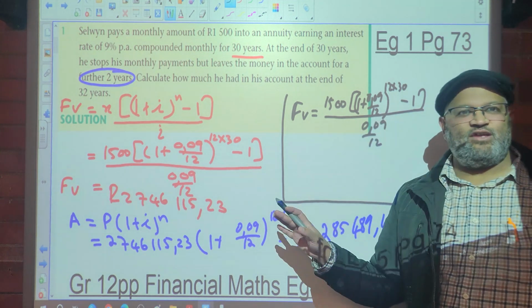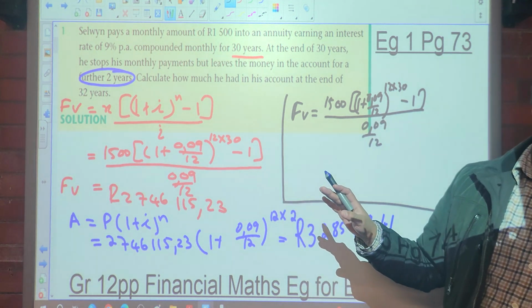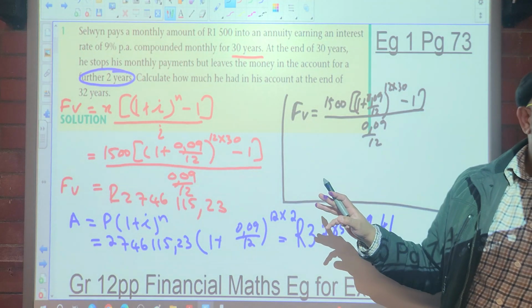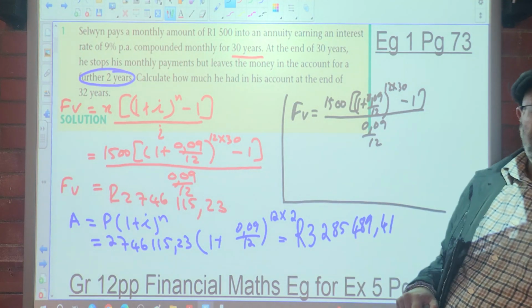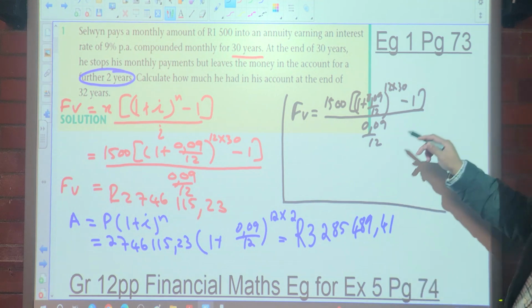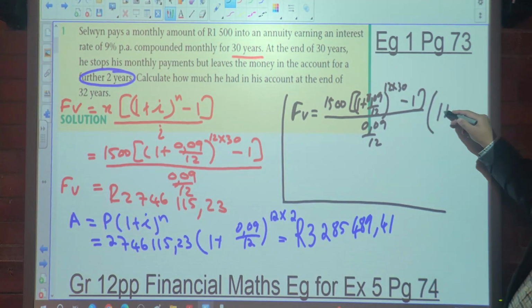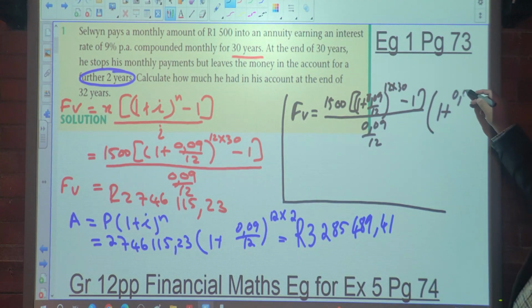So that's the future value for 30 years. Not so? But what then happens? It draws an interest of 1 plus 0,09 over 12 to the exponent 12 times 2 years.